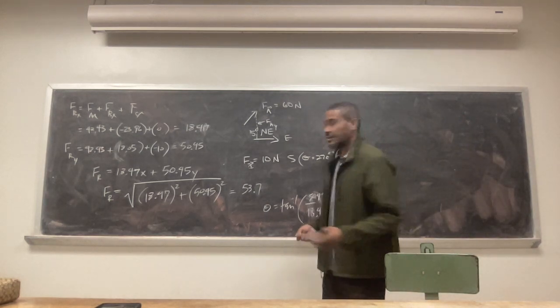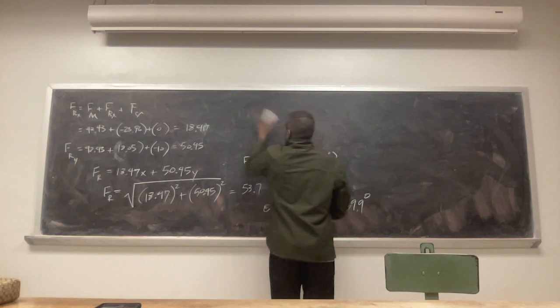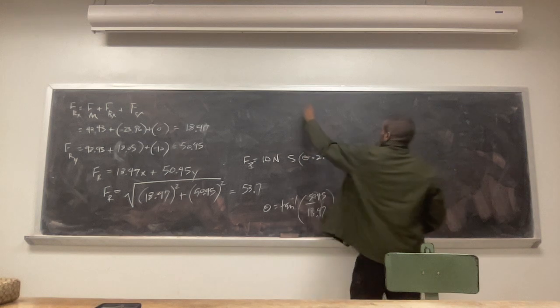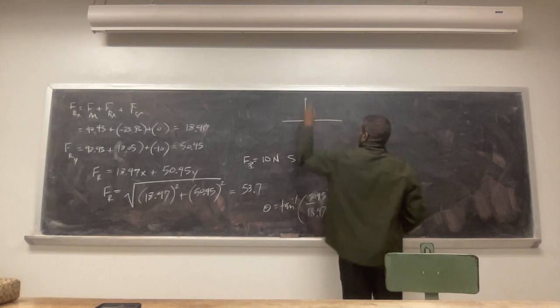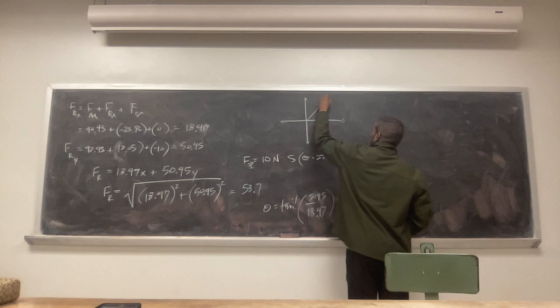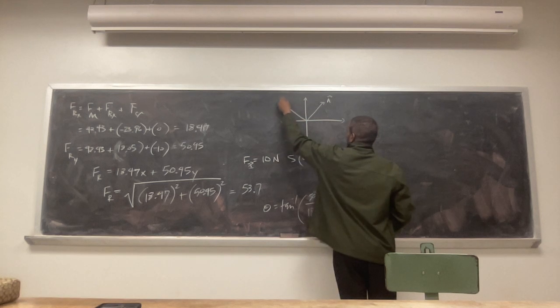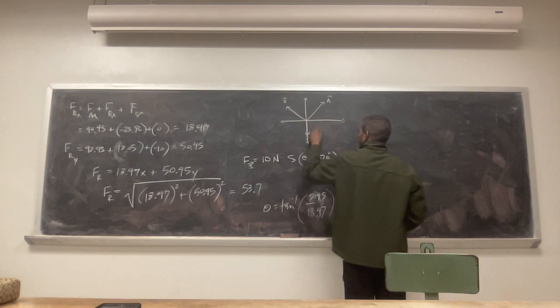I shouldn't have erased that, but let's just redraw it so you can see how the tail to tip method connects to the component method. We'll call them vector A, vector B, and vector C.